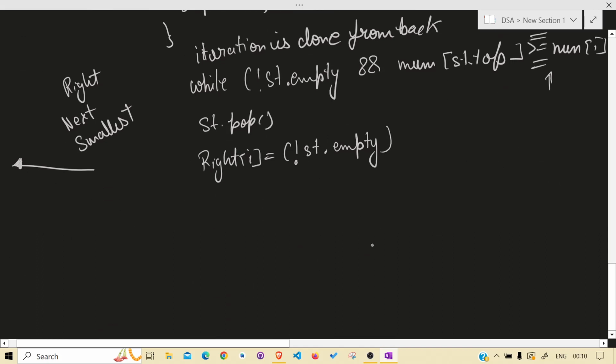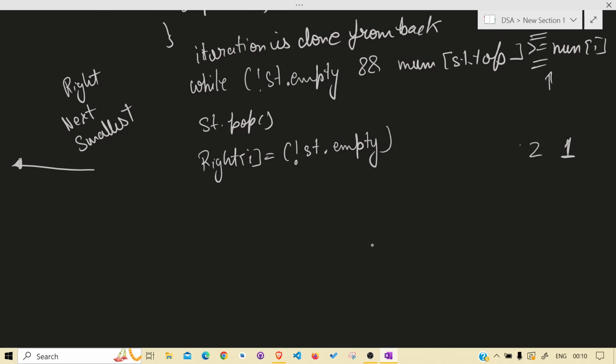Let's take an example, 2 1. We have someone smaller over there. What should be the length? If we have someone smaller, then st.top minus the current index.